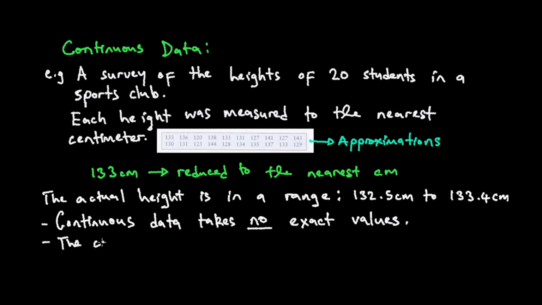The continuous raw data values are expressed in ranges, or are given only in a specified range.